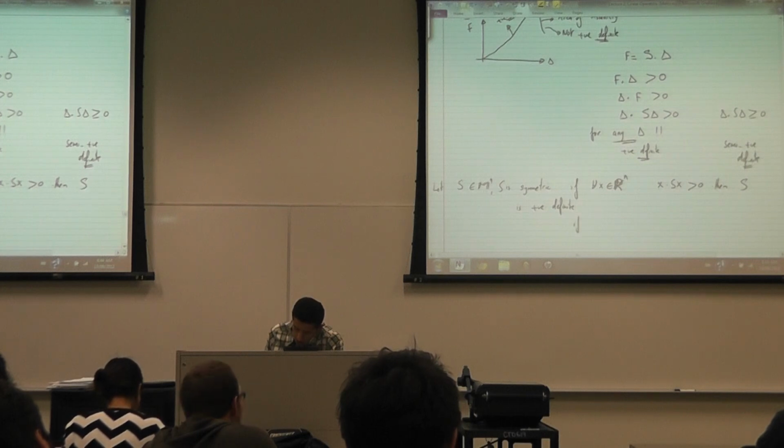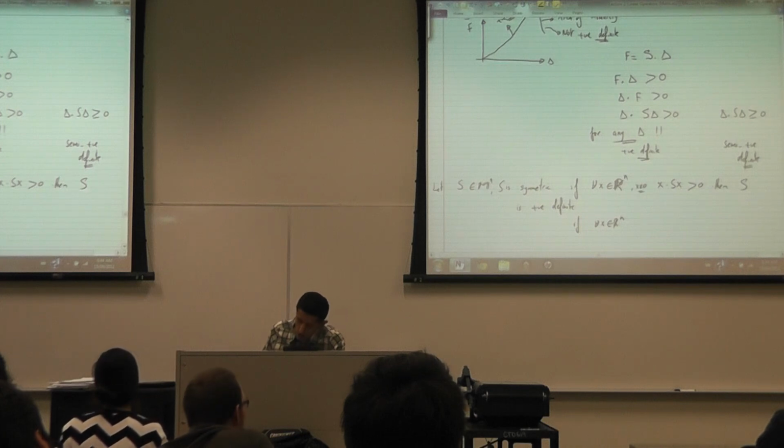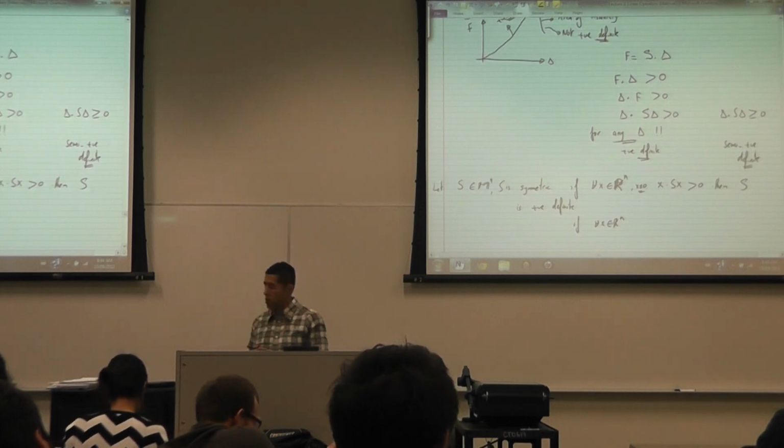And here x is not equal to 0, because if x is 0, x dot Sx would be 0.